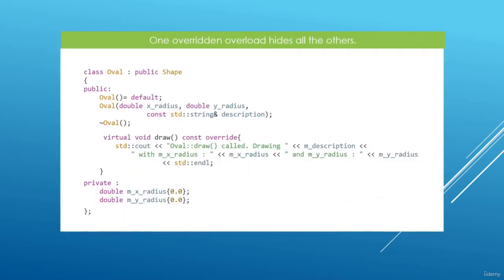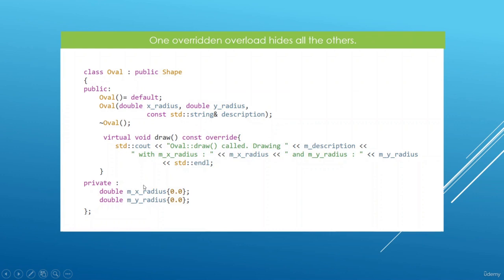But what happens if you override this method in our oval class? Suppose we hijack the inheriting process and set up another draw method in our oval class, and we only override the overload that doesn't take any parameter. We can do something like this. But the moment you do this, this is going to only override this method, and it is going to hide all the other draw methods that we had in our base class, which is shape here.